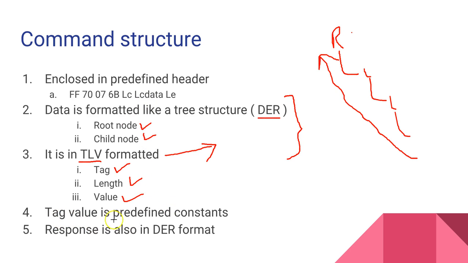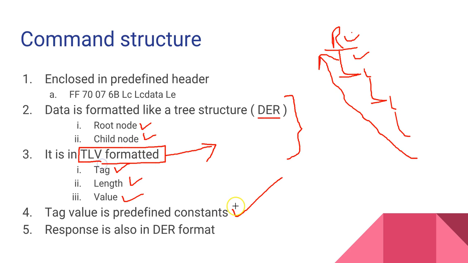Now the tag value is a predefined constant. Again, you have to look in the documentation. The response you get from the reader is also formatted using the DER format, which again follows the same concept of having a root node, child node, and children of the child node, they all follow the TLV format.